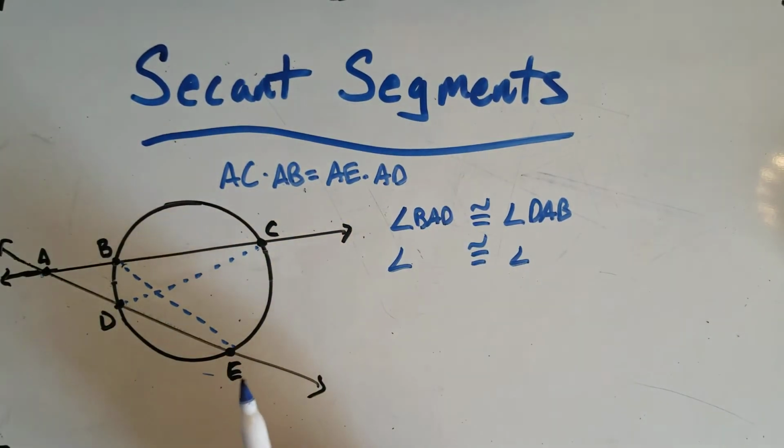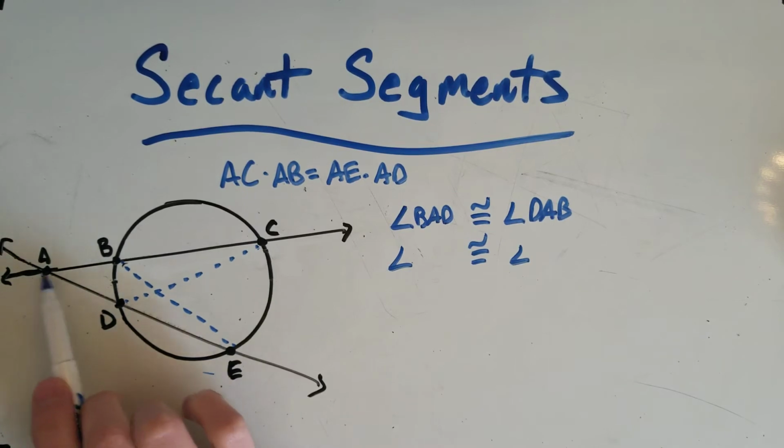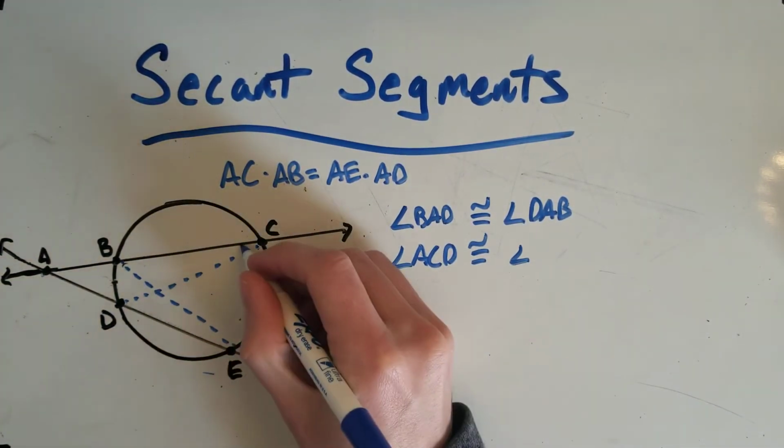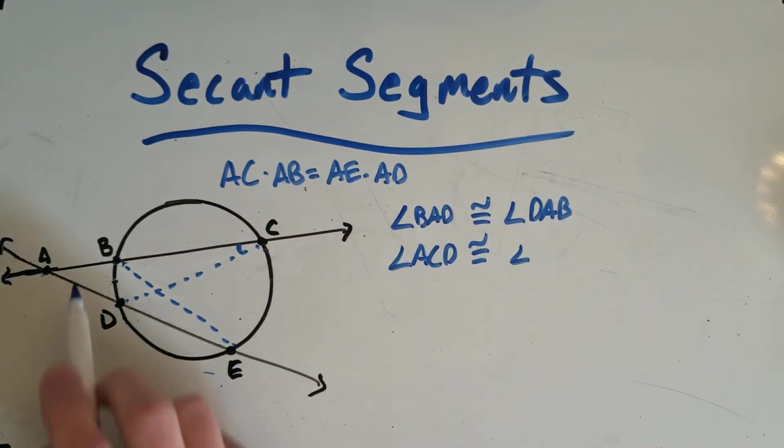Another pair of congruent angles would be angle ACD, this angle right here, which is congruent with angle AEB.